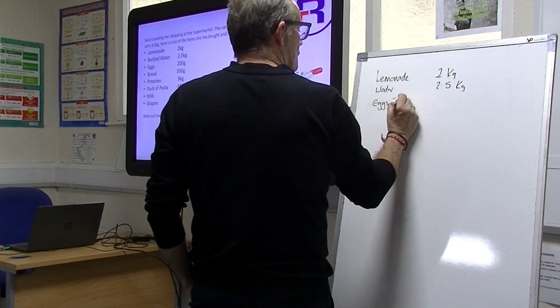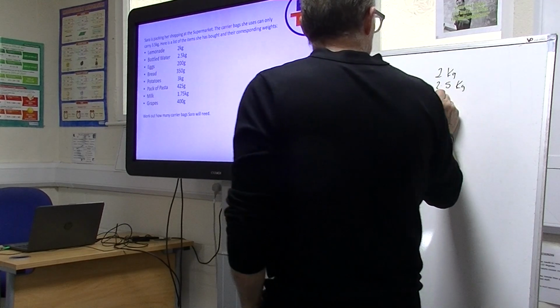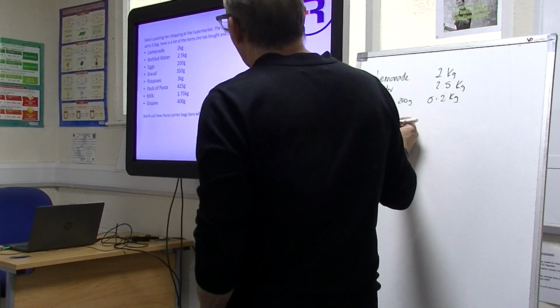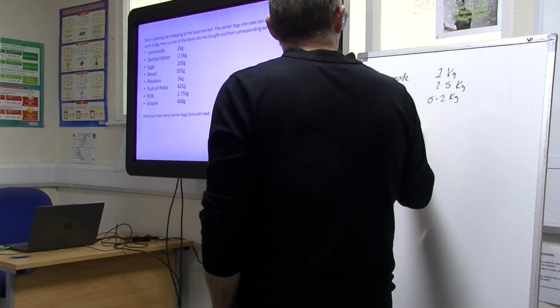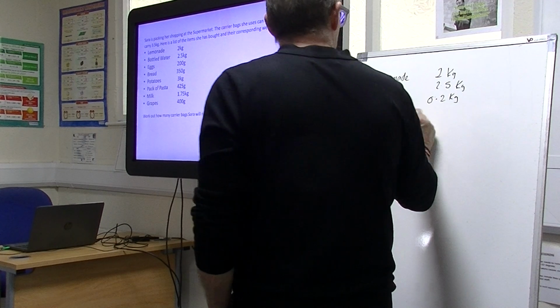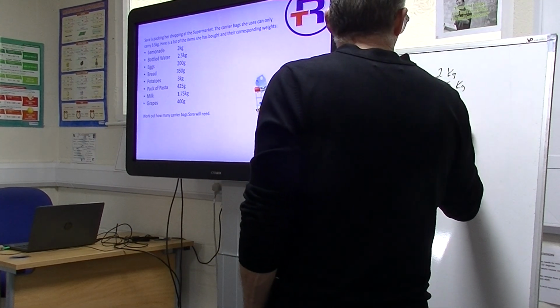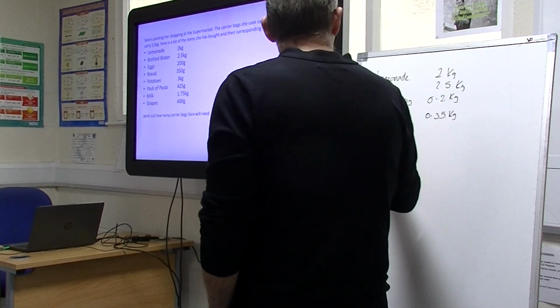The eggs are 200 grams, which is 0.2 kilograms. The bread, 350 grams, becomes 0.35 kg. Potatoes are already 3 kilograms.